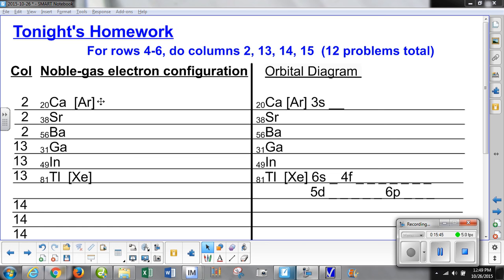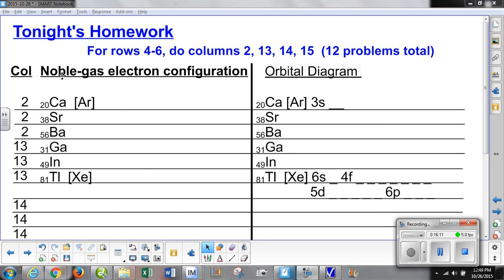So in column 2, argon integrates with beryllium. Column 2, row 4. 1, 2, 3, 4. Calcium. So calcium's our first guy. That's why I put number 20 there. And then we go strontium and barium.